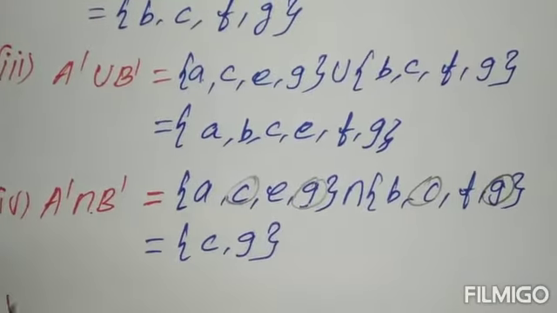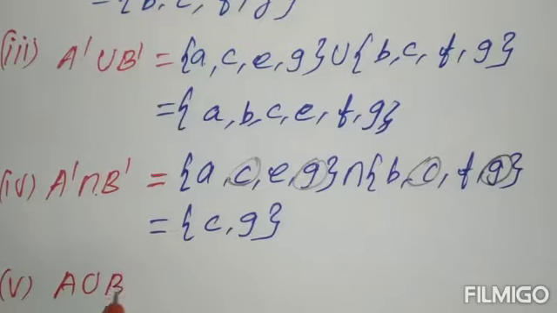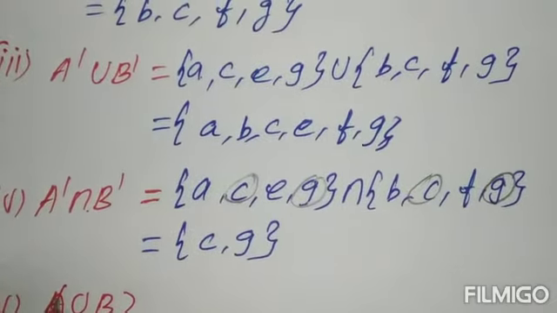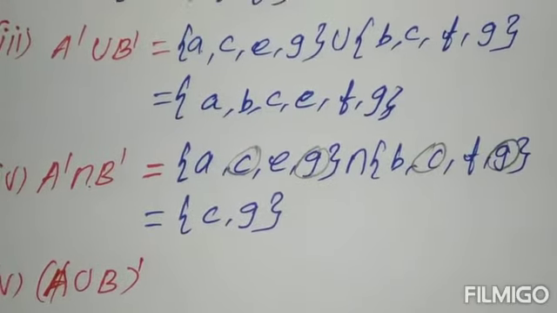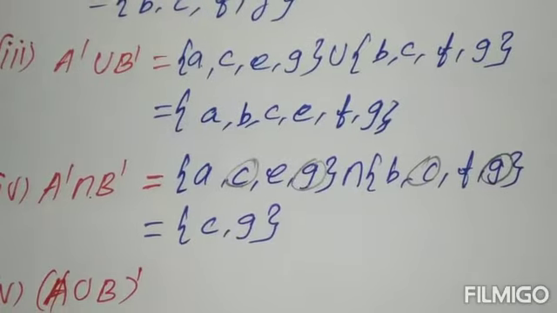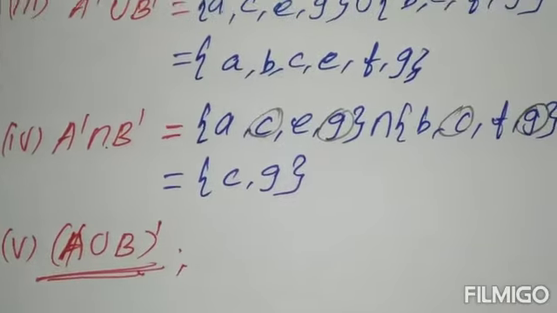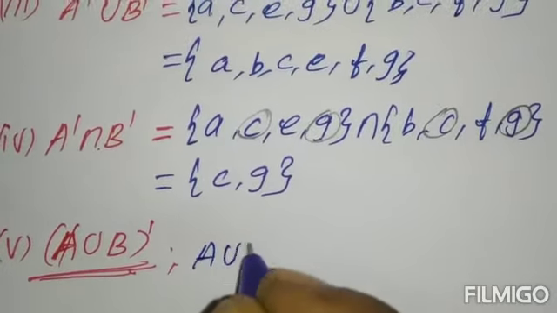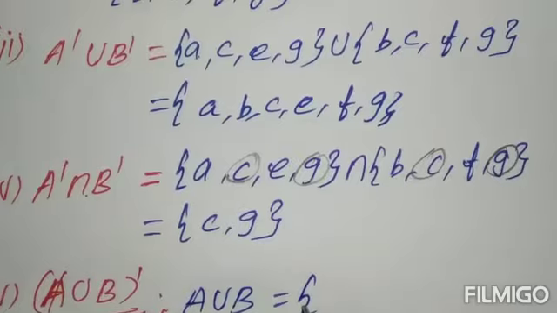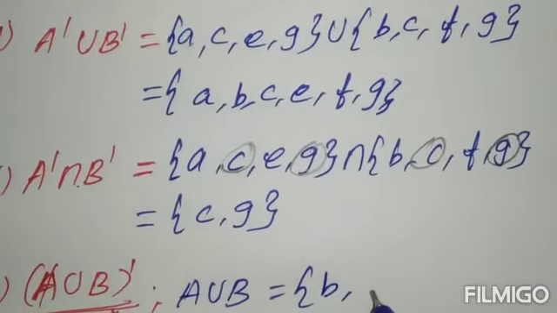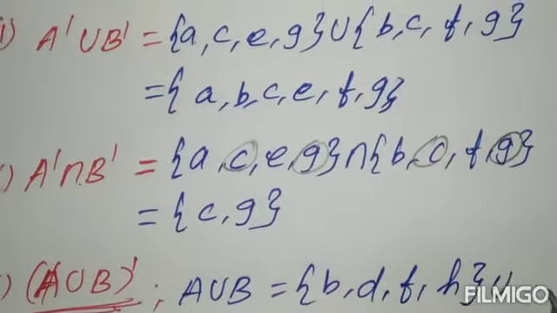Then the fifth one. The fifth one is A union B the whole complement. We have to first find A union B. So A union B is equal to the set of all elements of, first write the elements of A. Elements of A are B, D, F, H, union.